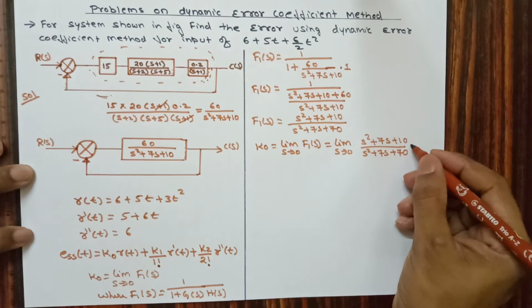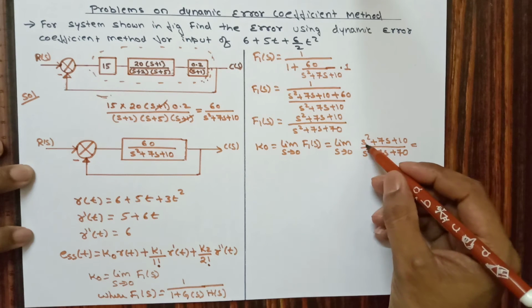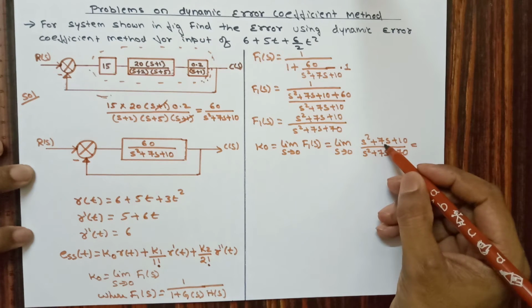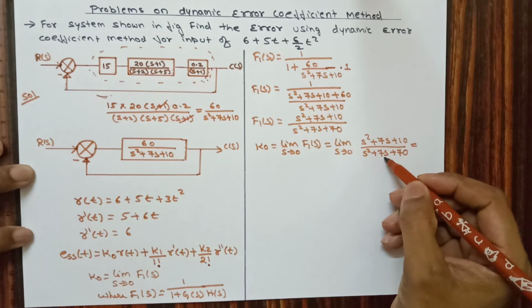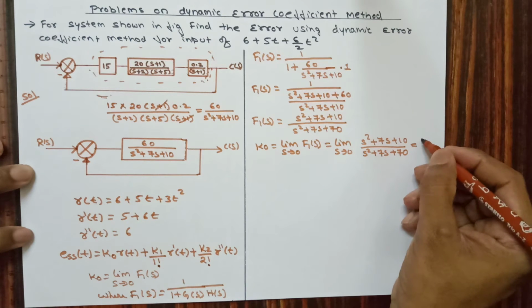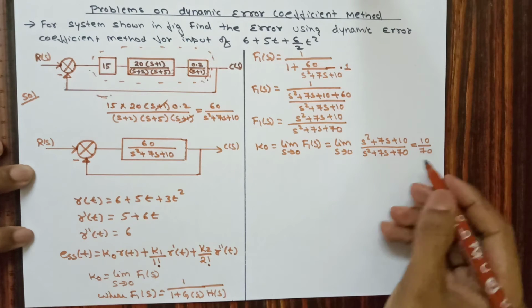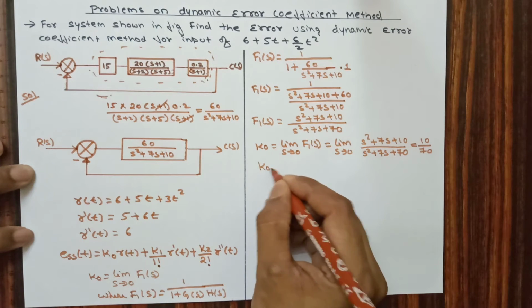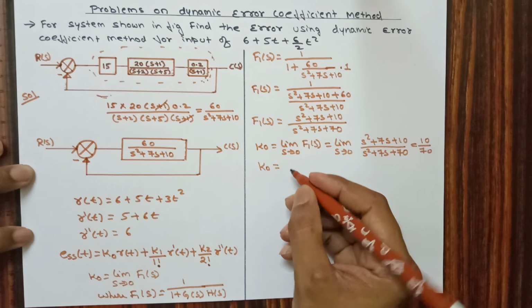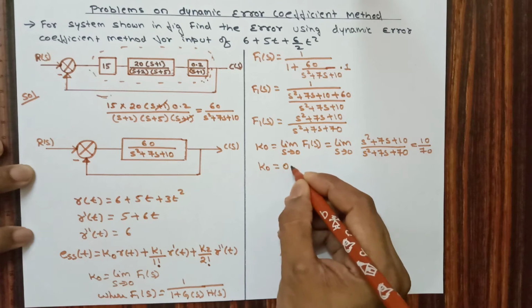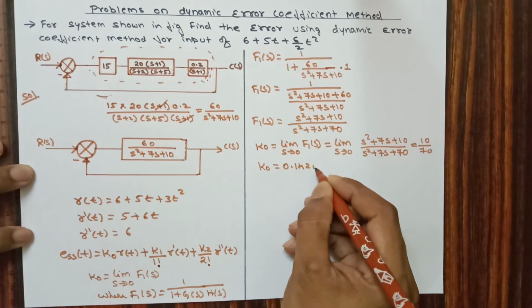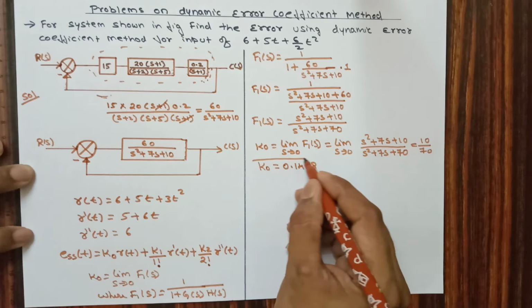By applying the limit, you can see that the s square and 7s terms become 0. We'll get 10 divided by 70, whose value is 0.1428. This is the k naught value.